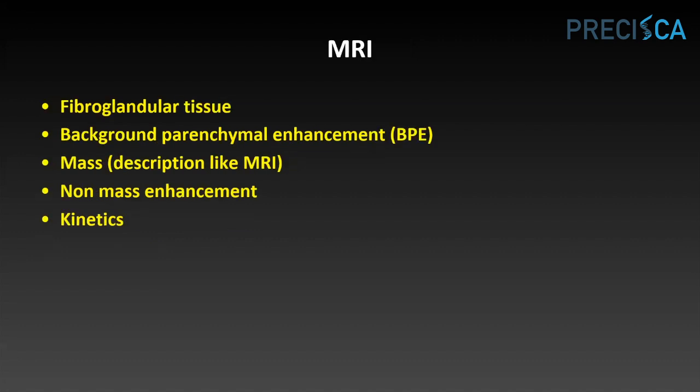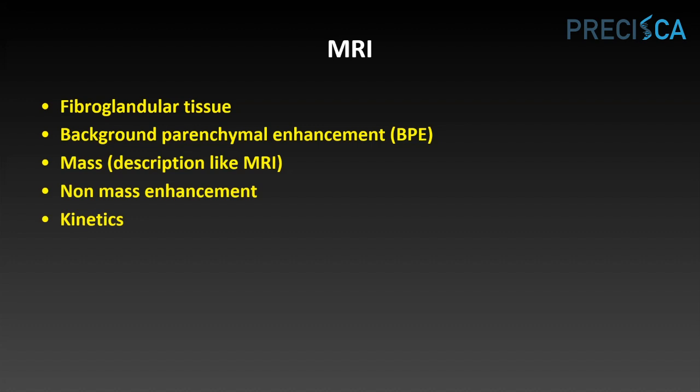On MRI, we have a different language. Rather than density, we really call it fibroglandular tissue, but it is a similar categorization to that of mammography. We, as I've told you before, look at background parenchymal enhancement. When the patient has a mass, we describe it like mammography.